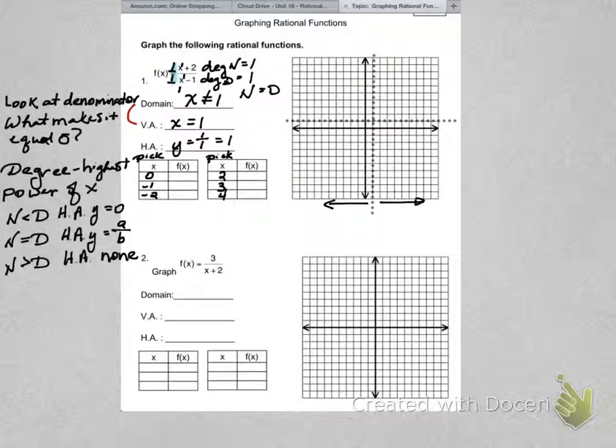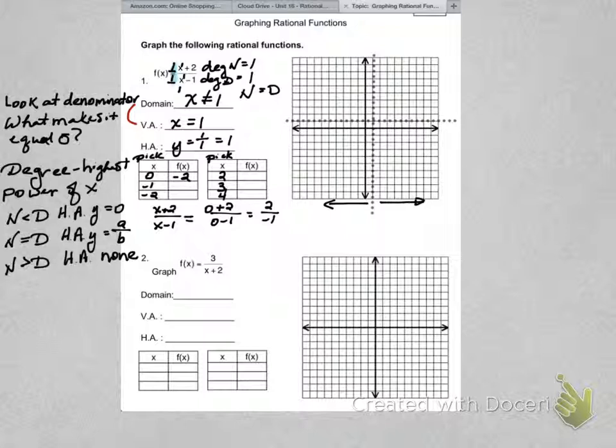Then we're going to put these numbers in our original function, which is x plus 2 over x minus 1. So we're just going to plug those x's in. We'll have 0 plus 2 over 0 minus 1, which will be 2 over -1. So that's negative 2.